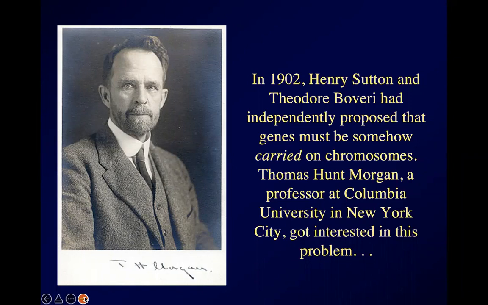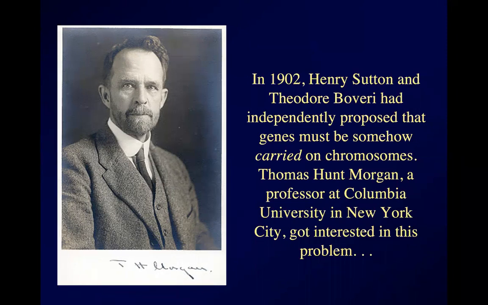And by 1902, a couple of scientists, don't worry about these names, Henry Sutton and Theodore Boveri, had proposed independently of each other that genes must be carried on chromosomes. Genes must be physically not the same thing as chromosomes, but located on chromosomes.